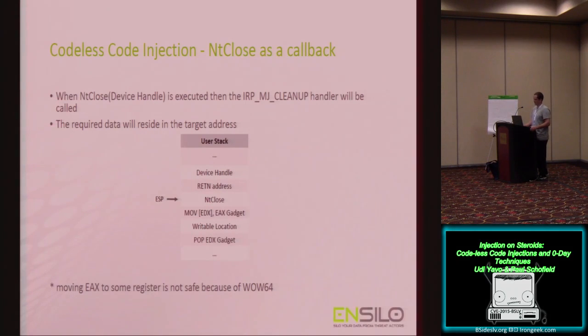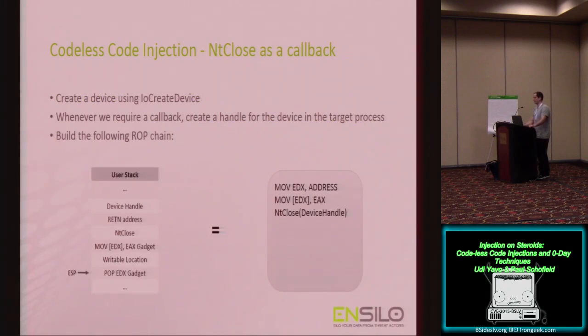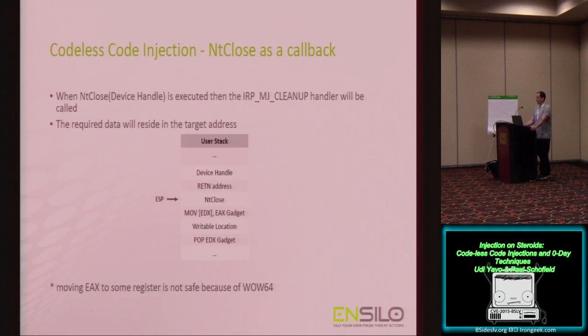I forgot to say, we first save the value we need somewhere in user mode, so it won't be destroyed. Then when the callback is triggered, we get this value and act accordingly.